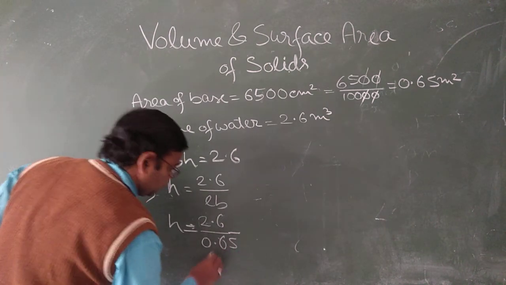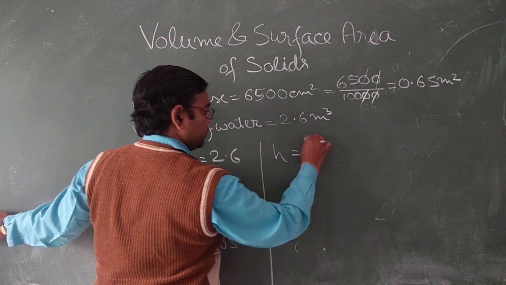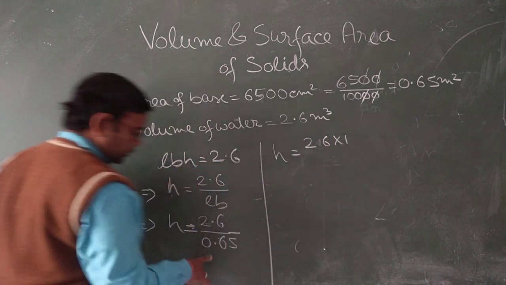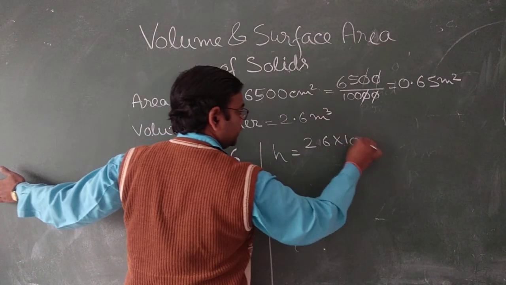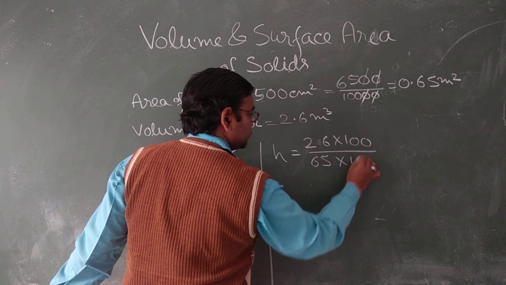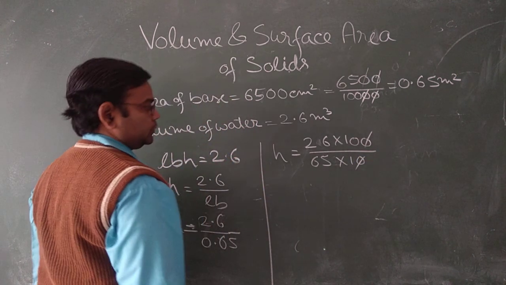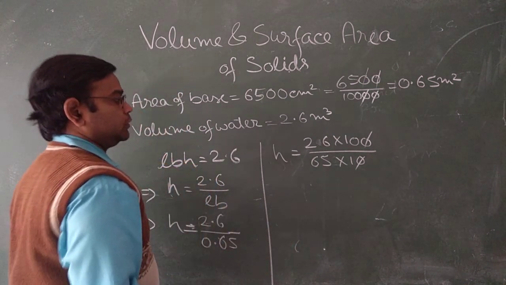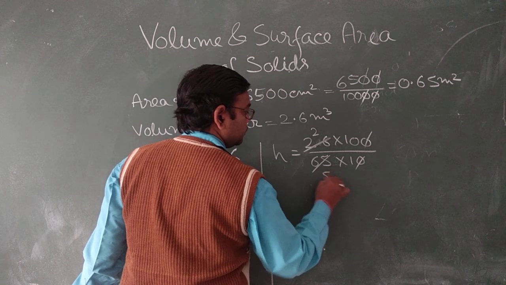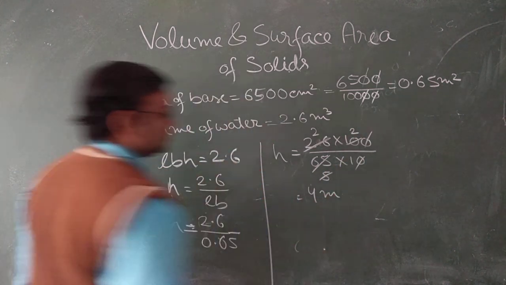I am solving this side: 2.6, we change the point, 0.65, above side it's 100 and it's 65 into 10. Clear? 13 twos are 26, 13 fives are 65, 5 twos are 10. It's 4 meter. This is your solution.